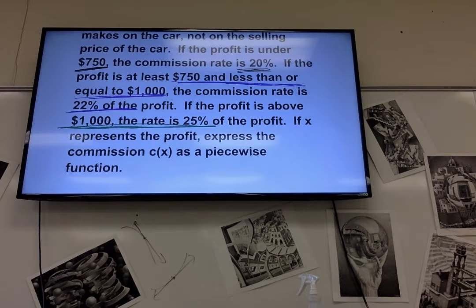This is the first one that's not just a bunch of numbers, where we're actually doing stuff. We're going to have an equation here and figure out how to make the equation. So we'll start with the 750. Under 750, the commission rate is 20%. What is 20% as a decimal? 0.20, or 0.2.